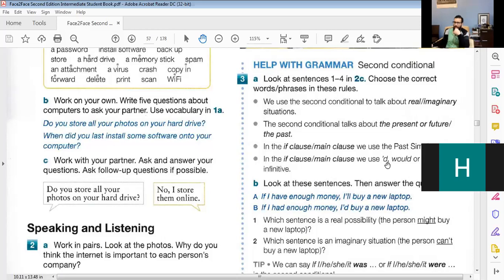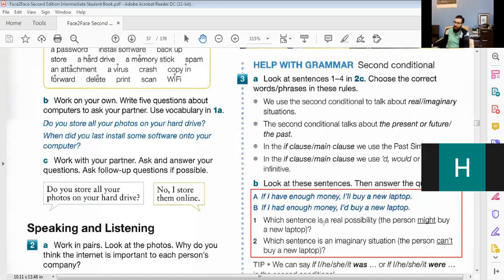And then we talked about these 2 examples, which are a very nice example that clearly shows the difference between the first and the second conditional. Because in example A, if I have enough money, I'll buy a new laptop. Now, this is an example in the first conditional. This is a realistic example.